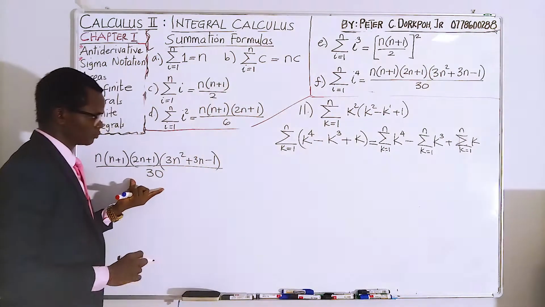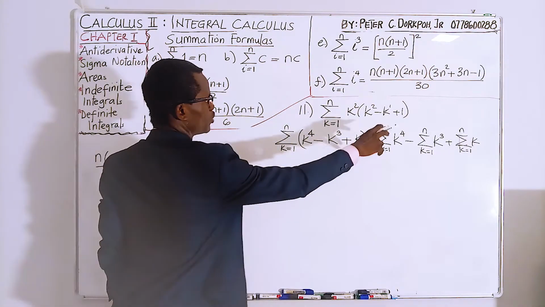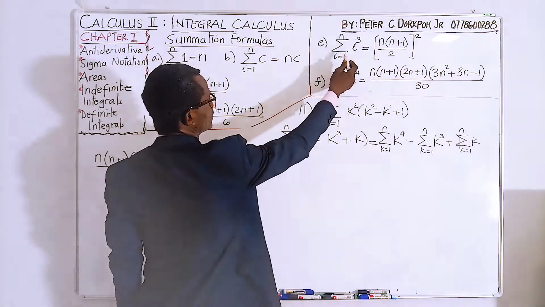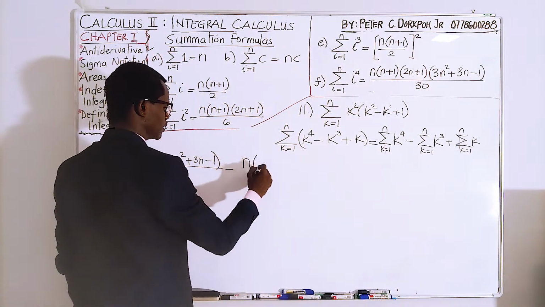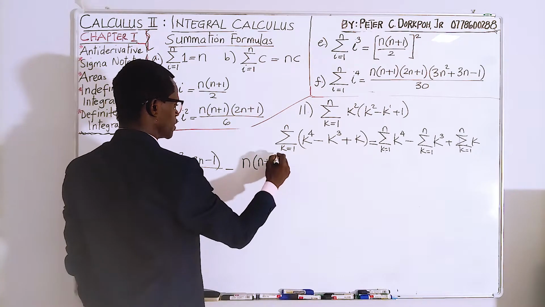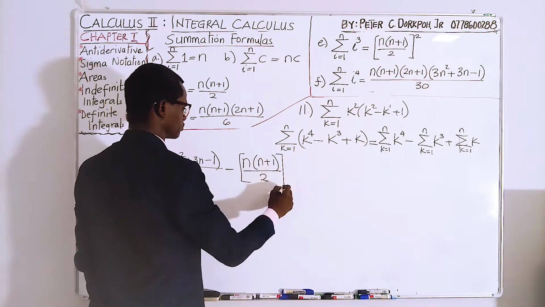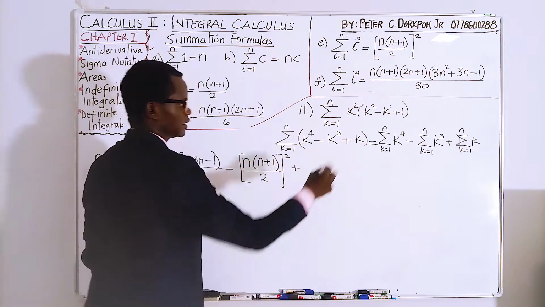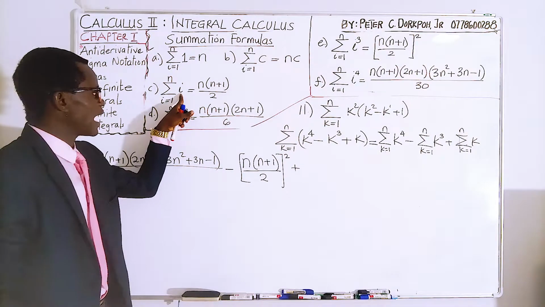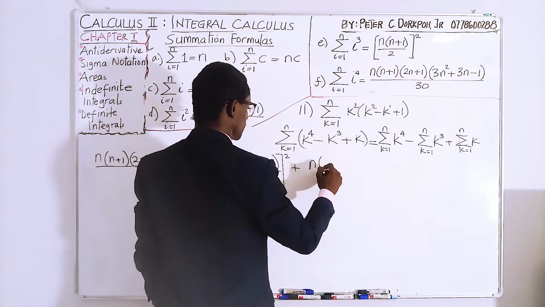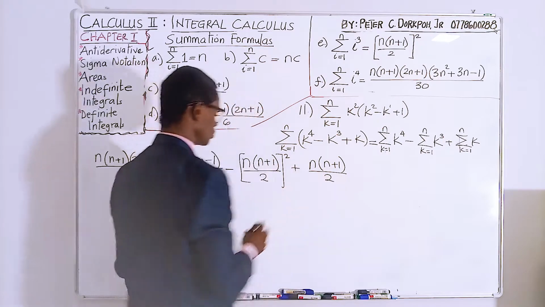Minus the summation of k cubed as k goes from 1 to n, which equals the summation of r cubed, which is n plus 1 over 2, all raised to the 2nd power. Plus the summation of k. The summation of k is the same as the summation of r, so that is n plus 1 all over 2.